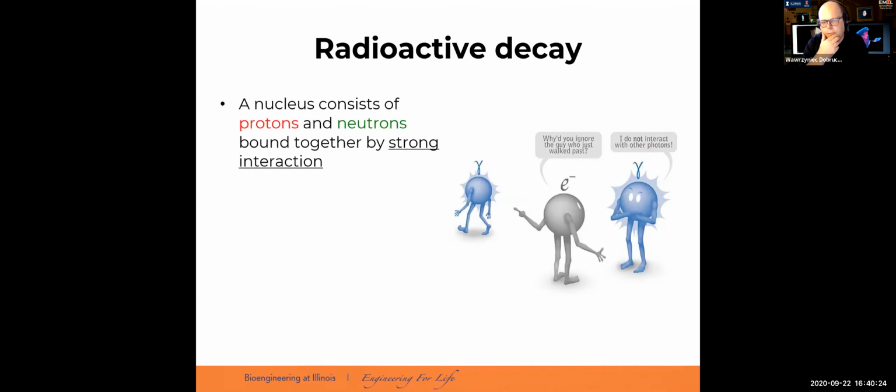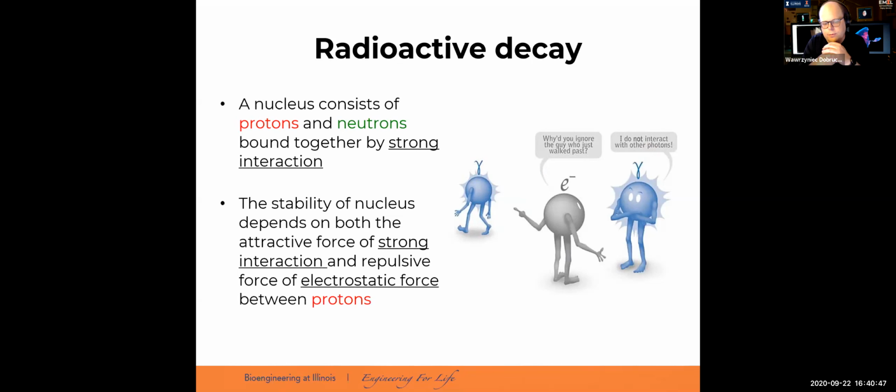And radioactive decay is associated with the different attractions and forces within the nucleus of the atom. The nucleus consists of protons and neutrons, and they are bound together by the so-called strong interaction.